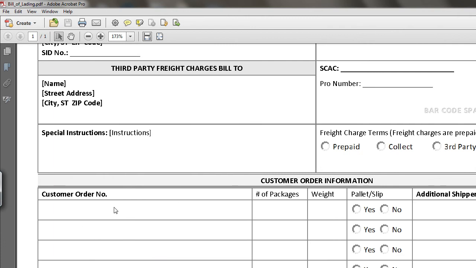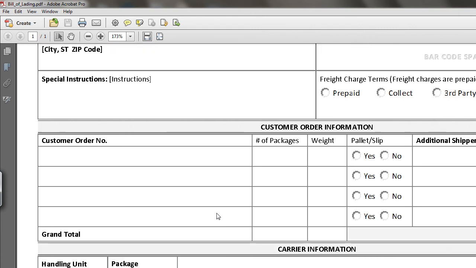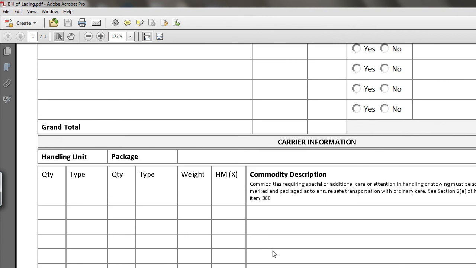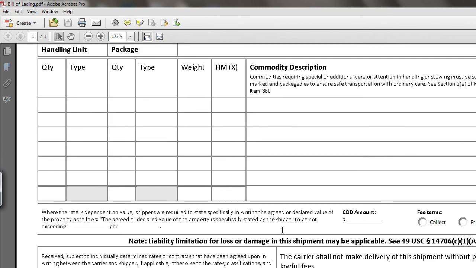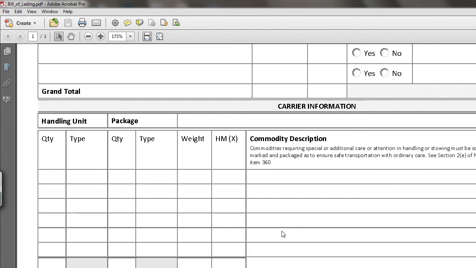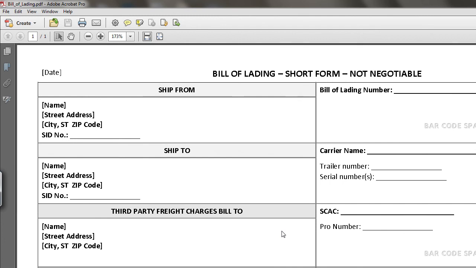And then you've got your space for the products that are getting shipped to you, and then more information about the commodities that you've got. And this is just, like I said, a very typical bill of lading that's out there for you.